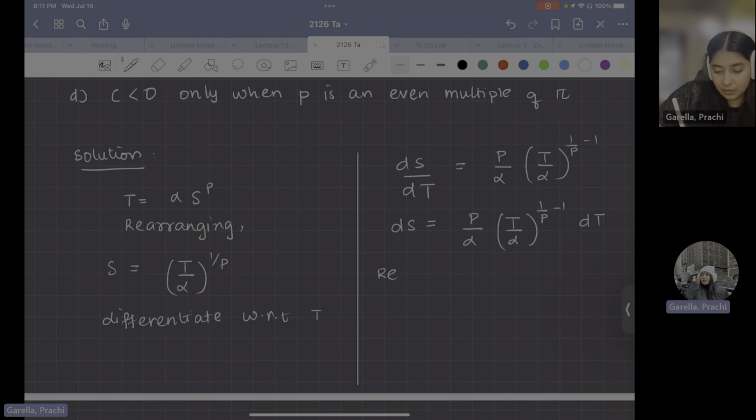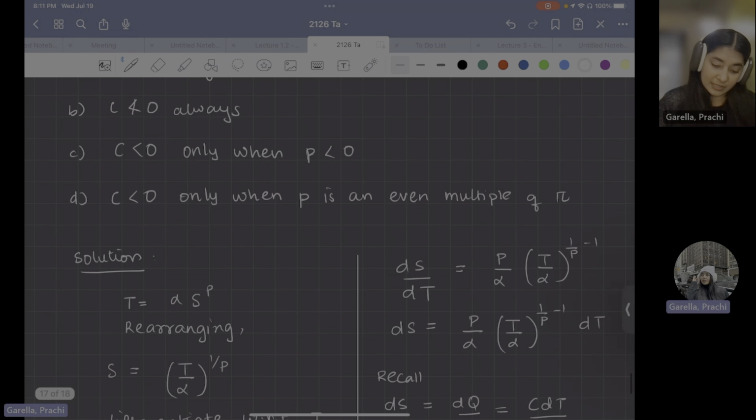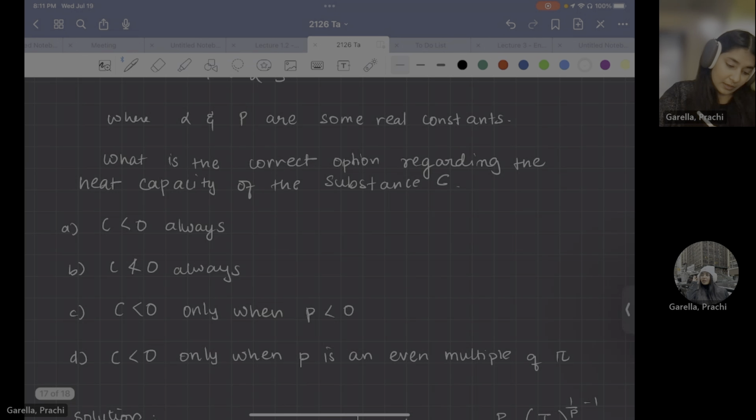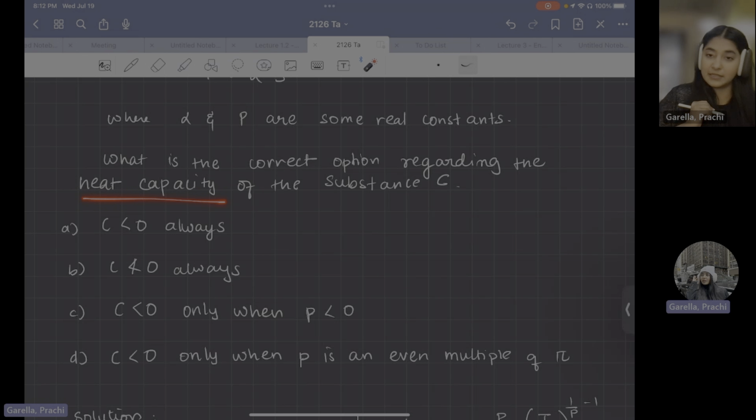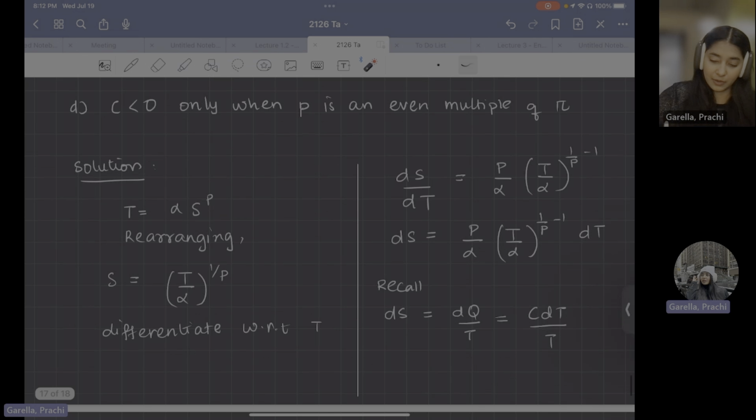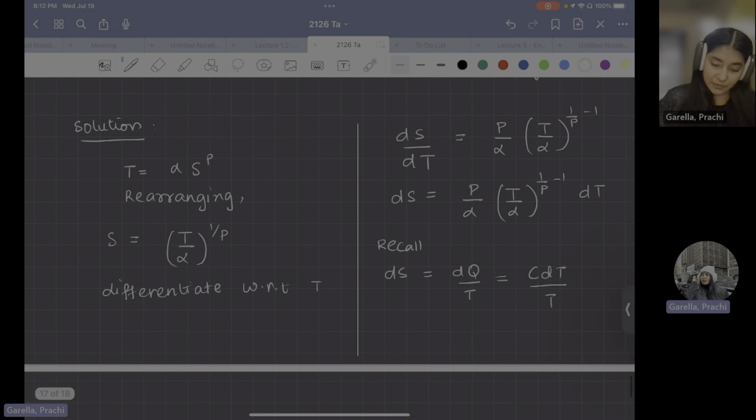Now recall that you already have another expression for dS, and that is dS equals dQ over T, and dQ is C dT, so dS is C dT over T, where C is the same heat capacity that's asked in the question. Okay, so now you have two expressions for dS, and now you can simply equate them.